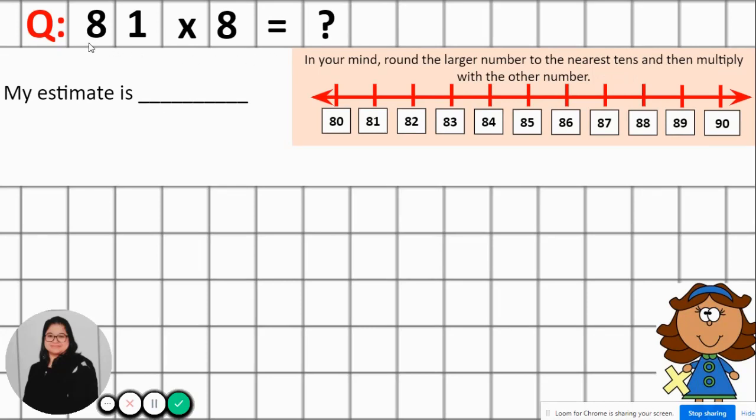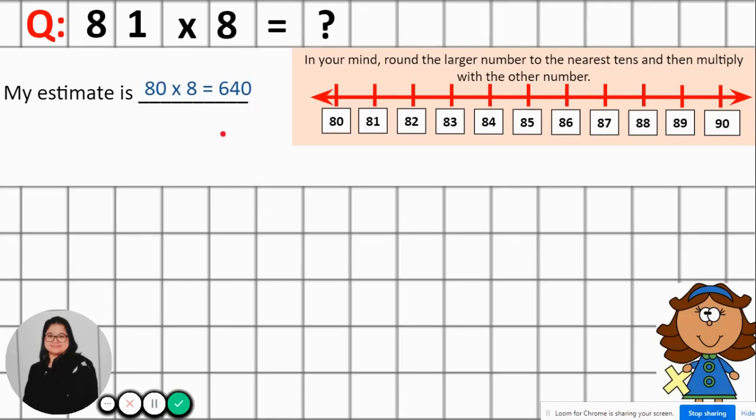Our larger number is 81. So it is close to 80 or is it close to 90? It is closer to 80. So I am going to take 80 and multiply it by 8. So 80 times 8 is equal to 640.